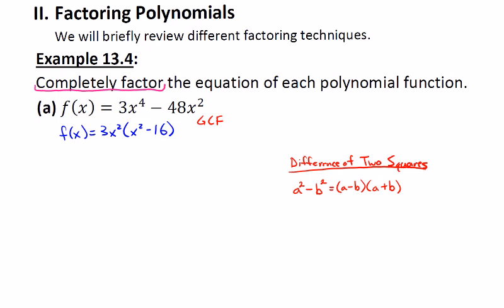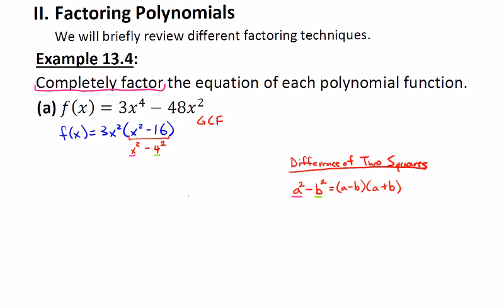So this brings up an important question. How does this actually apply to what we're dealing with here? So inside my parentheses, I have x squared minus 16. And x squared minus 16 can really be thought of as x squared minus 4 squared. So if I do that, then that would mean that the x is analogous to the a, and then 4 would be analogous to the b.